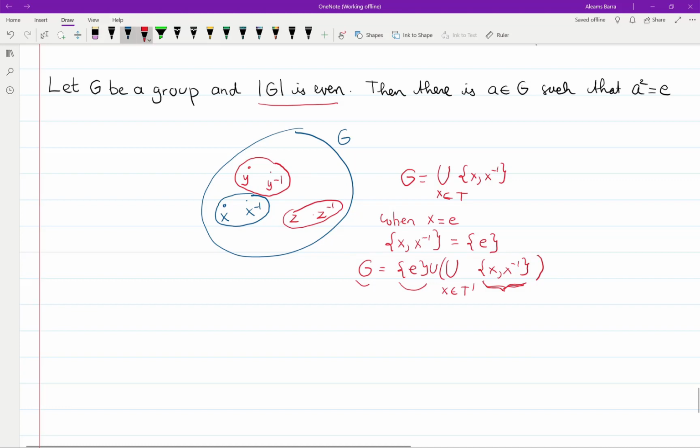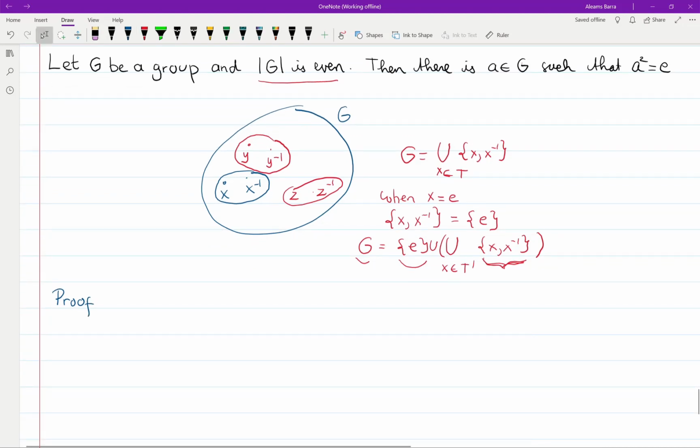Now let's try to be a little bit more formal. All the above things are just some elementary analysis in order to have a nice argument. We want a rigorous argument.